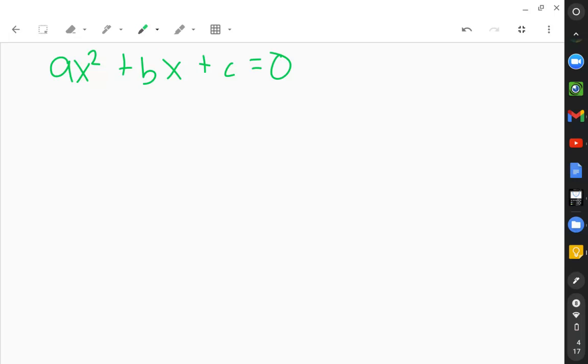Setting a quadratic equation equal to 0 helps us find our solutions, our roots, or we could also say our zeros.